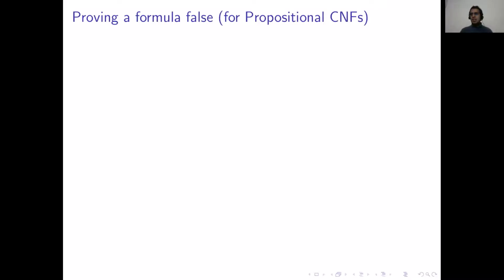There are many formats in which such a proof can be written. This is specified by a proof system. Here we will focus on a proof system for propositional CNF formulas, which is called resolution. It says that if you have two clauses, x or a and not x or b, you can derive a or b. Let's look at an example.